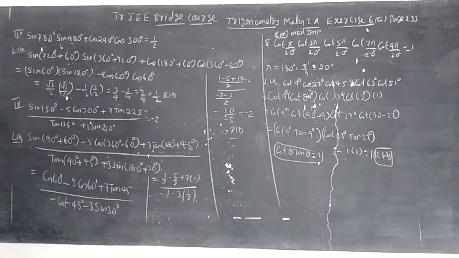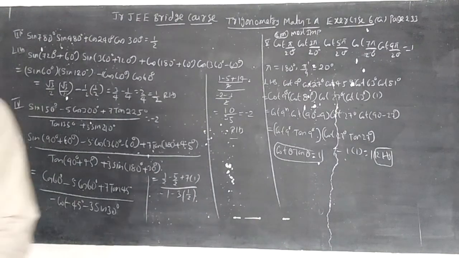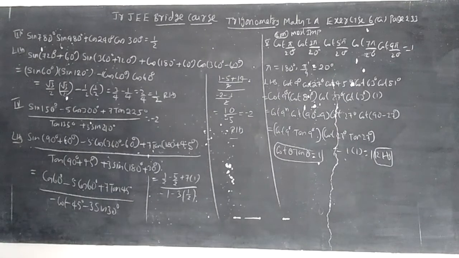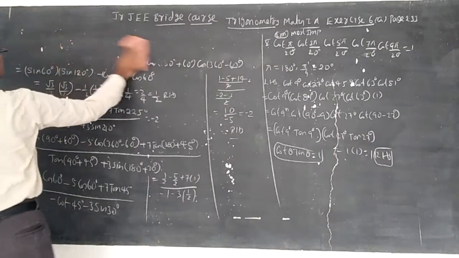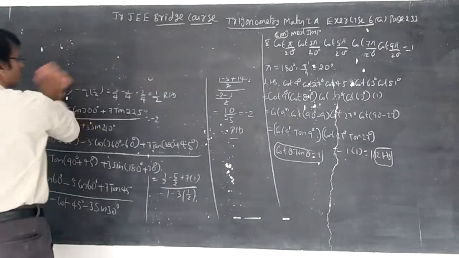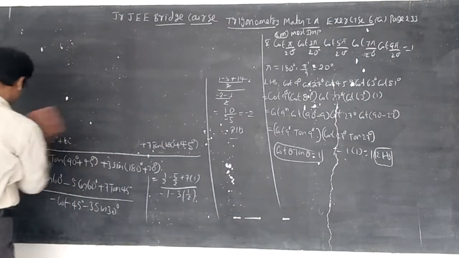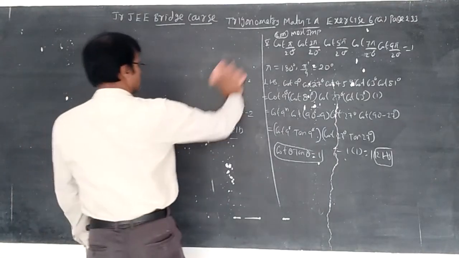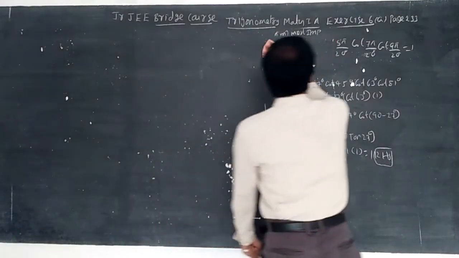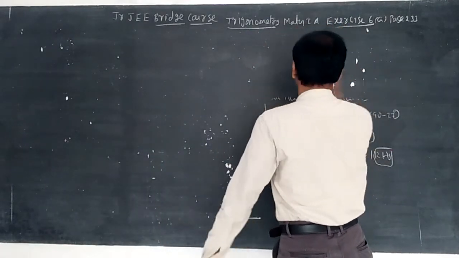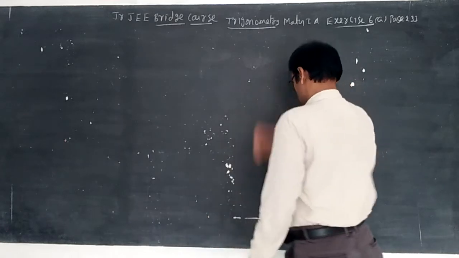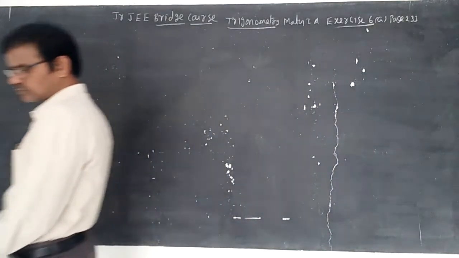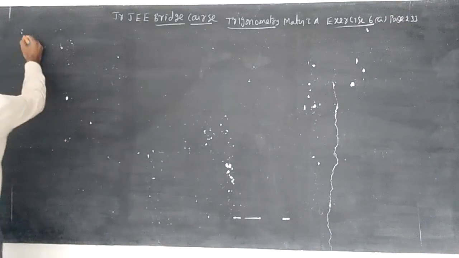Now let us discuss the second Roman. In the second Roman, the second sum is there. Simplify.